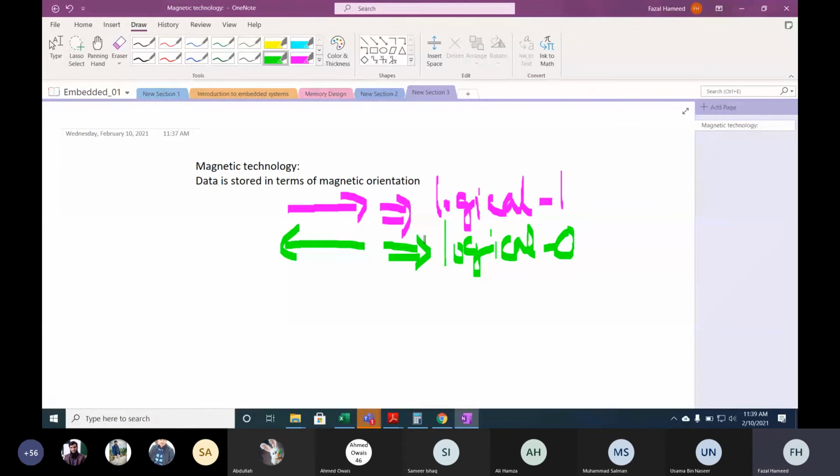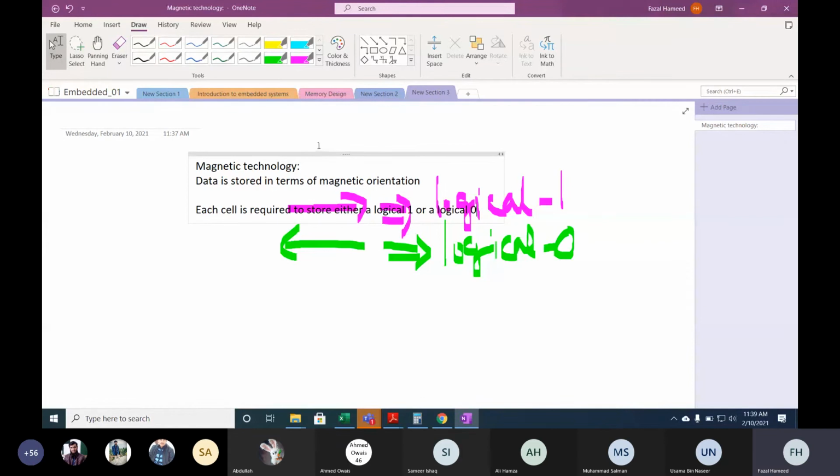Because in digital technology, we only need to store one bit in a single cell. So each cell in any type of memory technology, whether it is SRAM technology or magnetic technology, is required to store either a logical 1 or a logical 0.